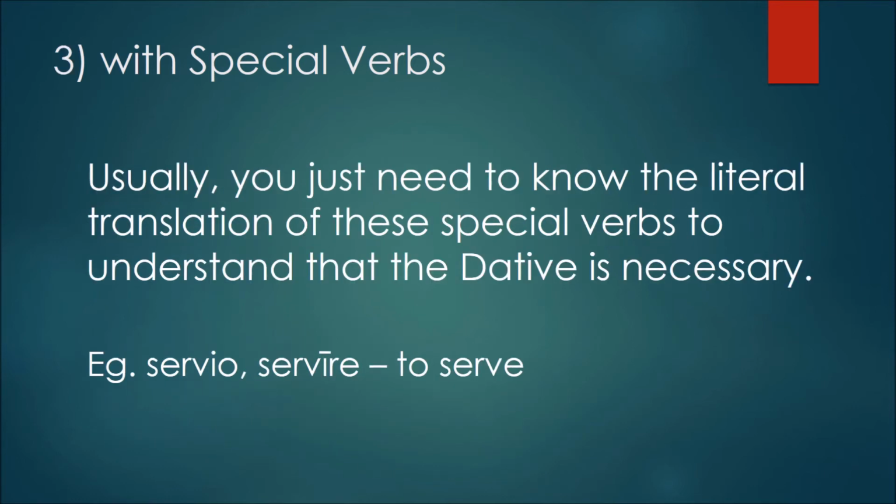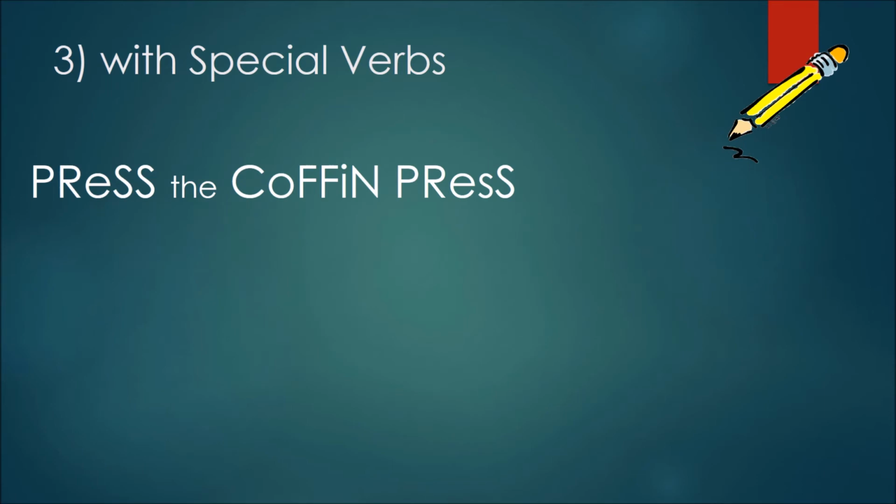So once again, usually you just need to know the literal translation of the special verbs, to serve as opposed to give service to, to understand why the dative is necessary.